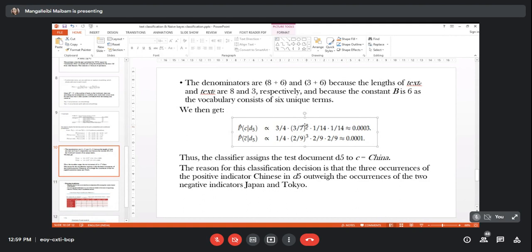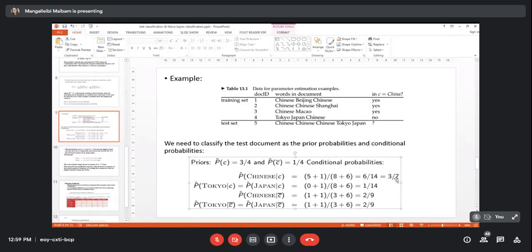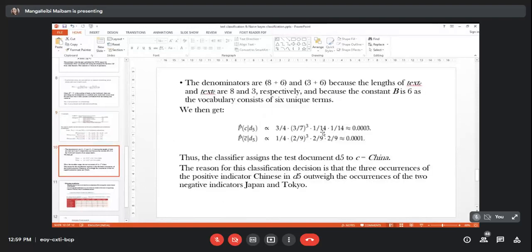We have three Chinese, so 3 by 7 into 3 by 7 into 3 by 7. For Tokyo it is 1 by 14, for Japan it is 1 by 14. After multiplying all these values, we got approximately 0.0003.